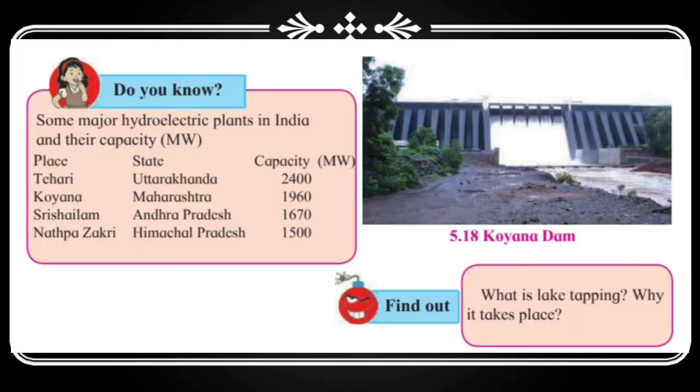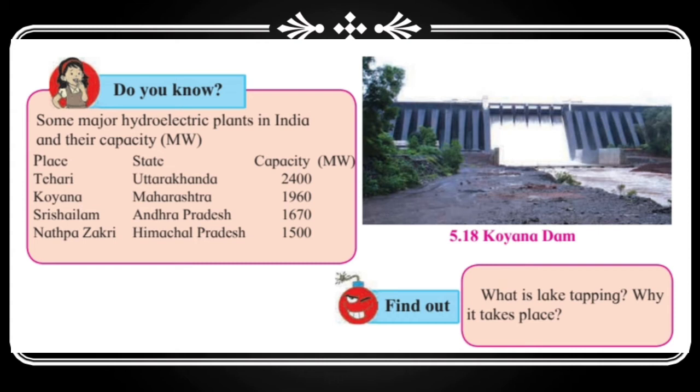Some major hydroelectric power plants in India are shown on the screen right now, and their capacity is also given in megawatts. The first column is place, the second is state, and the third is capacity. First is Tehri in Uttarakhand, which has a capacity to generate 2400 megawatt electricity.